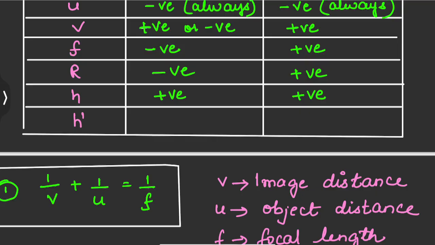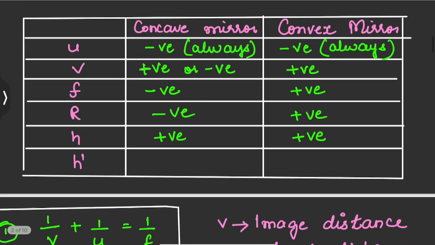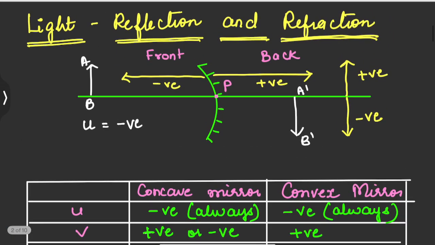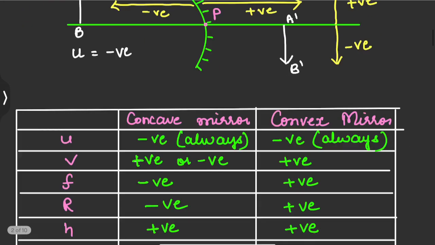H dash is called the height of the image. So height of the image again depends on where it is formed, whether it is for a concave mirror or a convex mirror. So it can be inverted or it can be straight upward like this. If it is straight upward, then a positive sign will be there. If it is inverted, then a negative sign will be there.